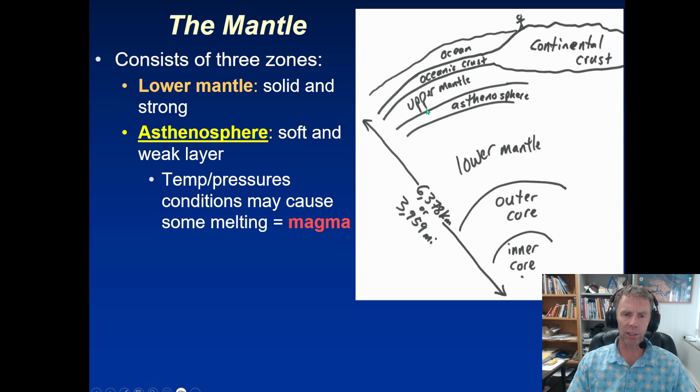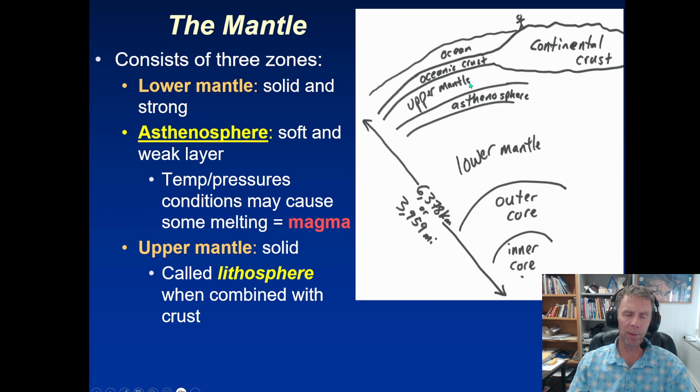So it's a soft, squishy layer, and this is essentially the layer that the plates, and we'll talk about tectonic plates more in the future, are riding upon. This allows our planet to have chunks of rigid rock that can move independent of each other. They're all riding on this soft, squishy layer we call the asthenosphere. And then sitting above that is the upper mantle, which is again solid, strong rock.